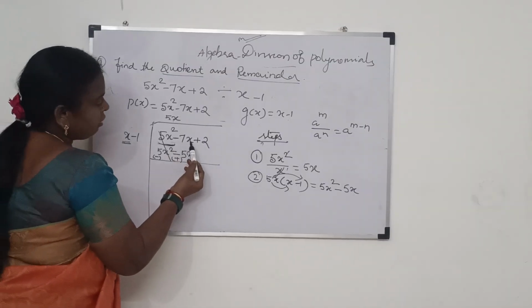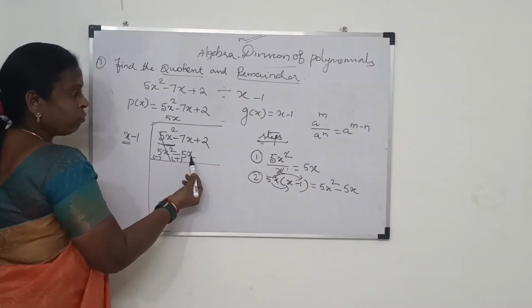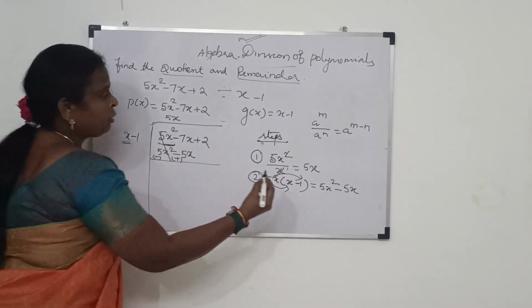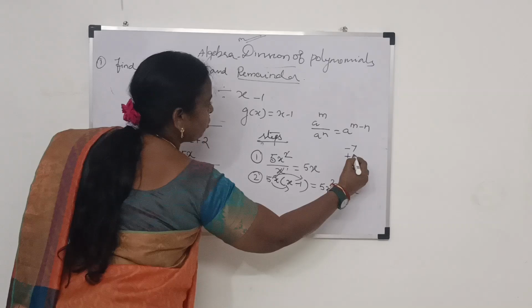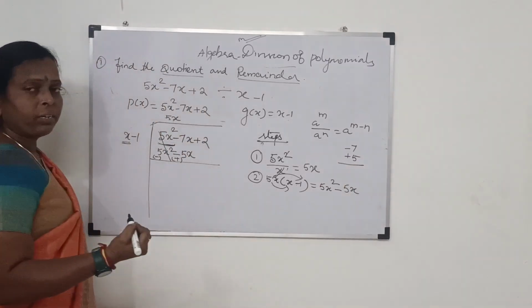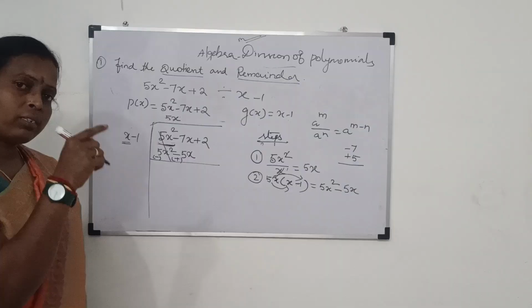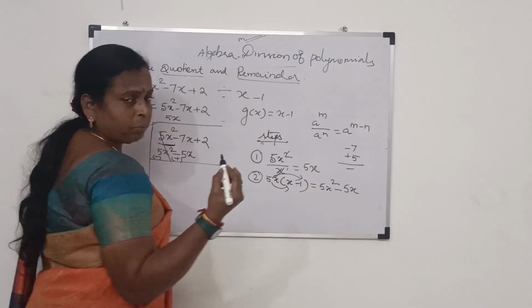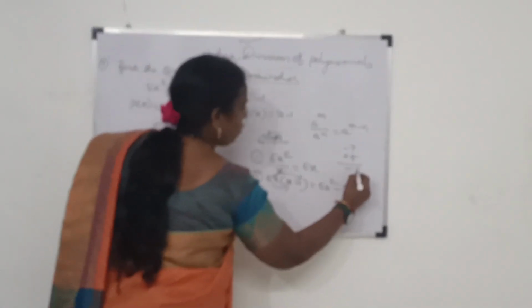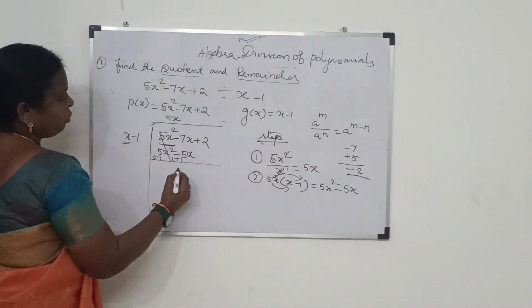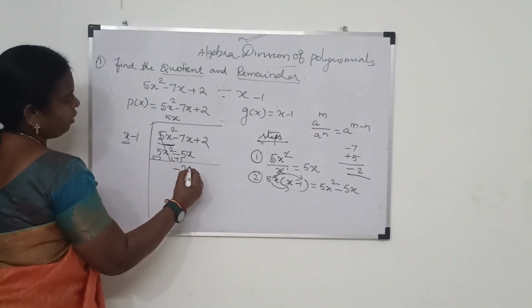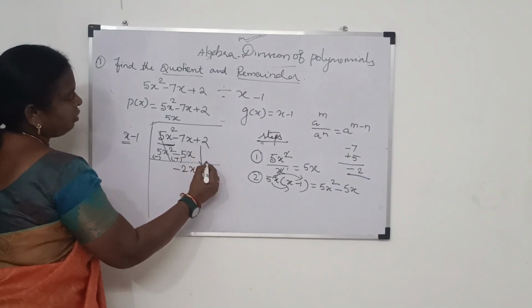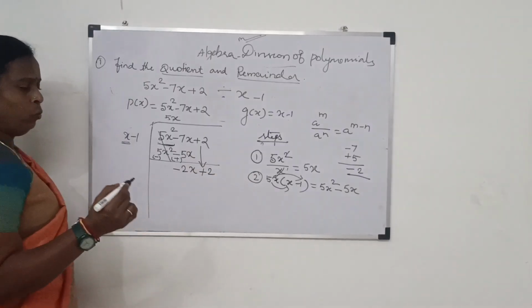Here minus 7x plus 5x: minus 7 plus 5. Which is the greater number here? 7, and its sign is minus. Put the greater number's sign and subtract, and you get minus 2x. Then write down this plus 2.